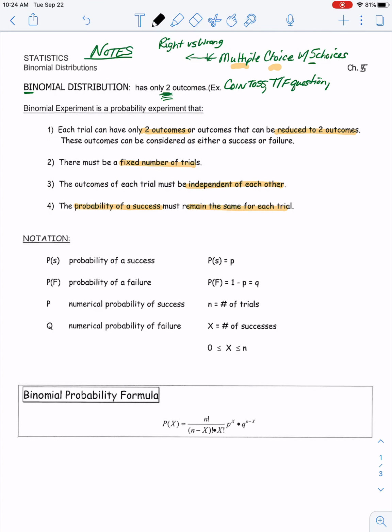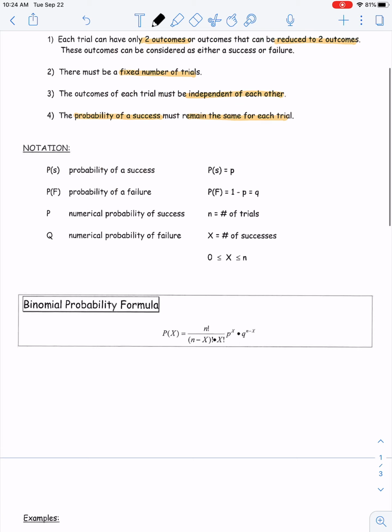Okay, so then down here I have all kinds of notation about binomial things, like the probability of a success is P of S, probability of failure. We have a p-value, which is probability of success. This Q, the capitals got me. It's usually a lowercase q, and this is really lowercase p. But Q is probability of failure, okay? And we know that P plus Q has to add up to be 1, a success and a failure.